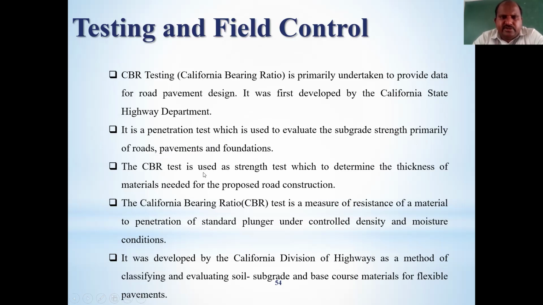So the CBR test is used as a strength test to determine the thickness of the materials needed for the proposed road construction. Finally, the California Bearing Ratio test is a measure of the resistance of a material to penetration of a standard plunger under controlled density and moisture conditions. It was developed by the California Division of Highways as a method of classifying and evaluating soil subgrade and base materials for flexible pavement.